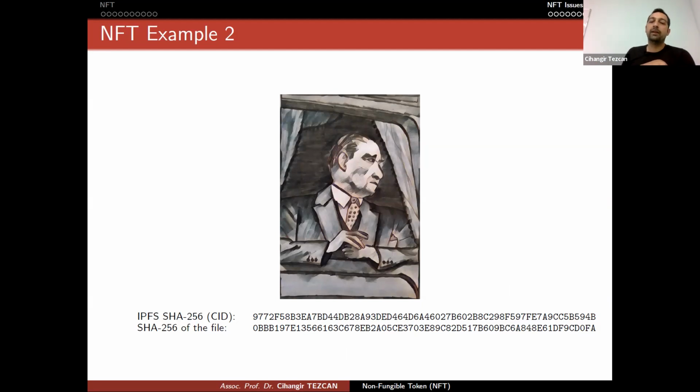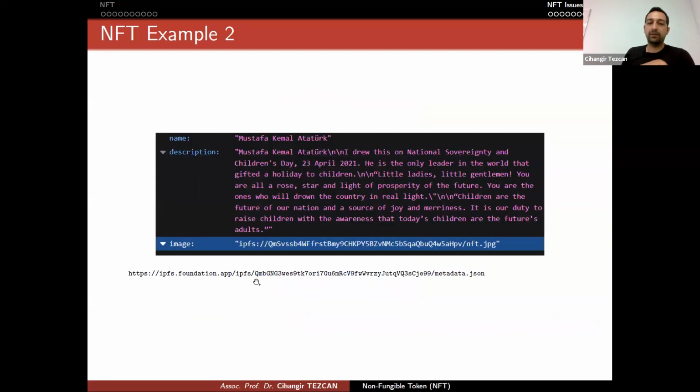And again, you might also say that since every image gets a unique CID, this also means that I cannot put the same file to the IPFS system with two different CIDs, so that I cannot claim that two same images are two different NFTs. But the thing is that whenever you upload a file to IPFS, you actually choose the hash function you want.